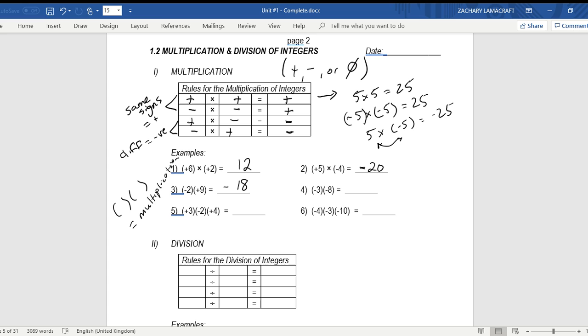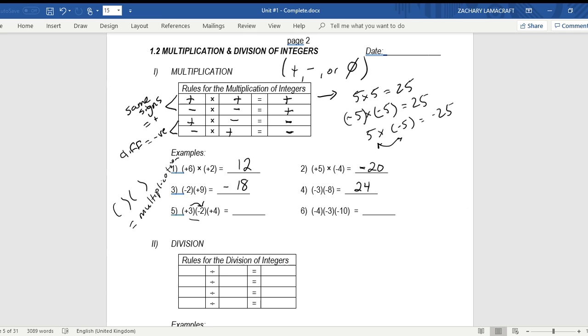Our next example, we have a negative 3 times a negative 8. Well, we know two of the same signs will be a positive number, so it would be positive 24. And then we've got a couple numbers in a row, which make things a little more difficult. So we have a pot, and all we do, guys, is we do one at a time.